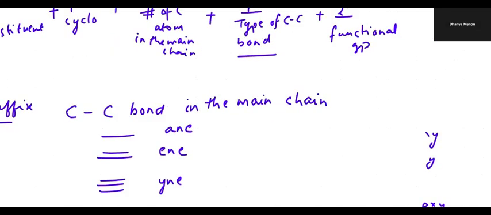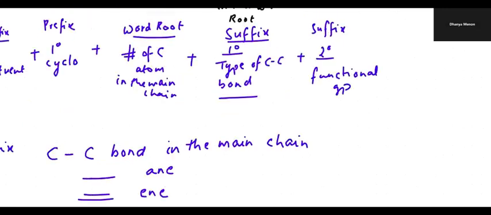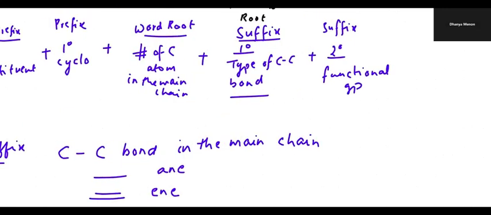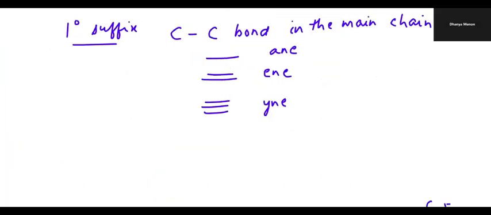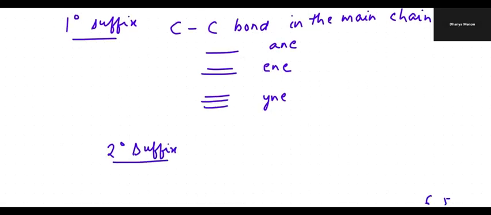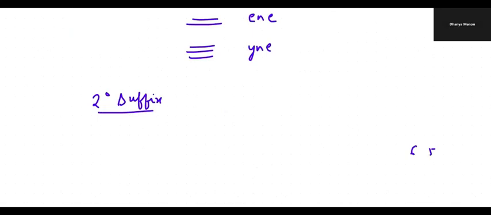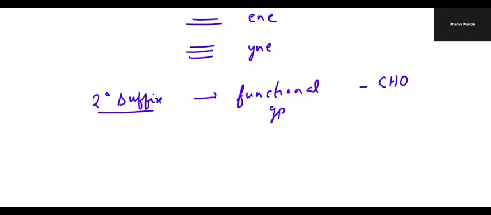Okay. And the last thing to mention here is the secondary suffix, which tells us about the functional group. It can be aldehyde, it can be acid, it can be ketone. Okay.